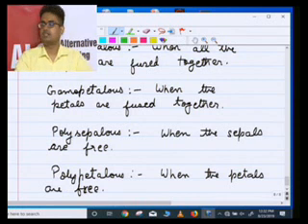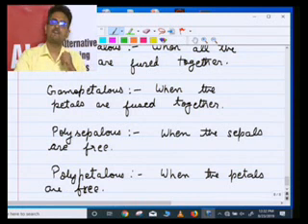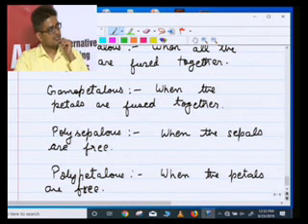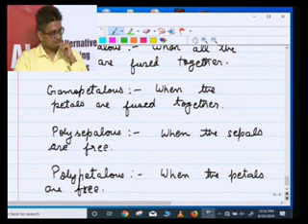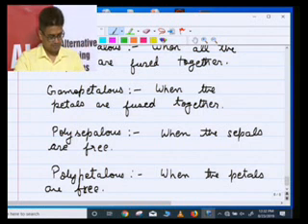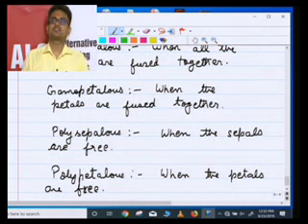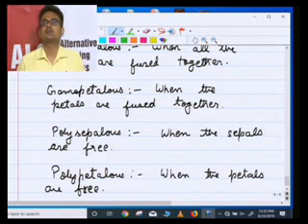Or have you seen teak flowers? Teak is in the flowering stage now. Then let's take another example, brinjal flowers. Are all these flowers that I have just described to you polypetalous or gamopetalous?